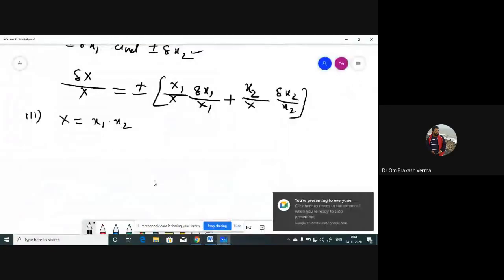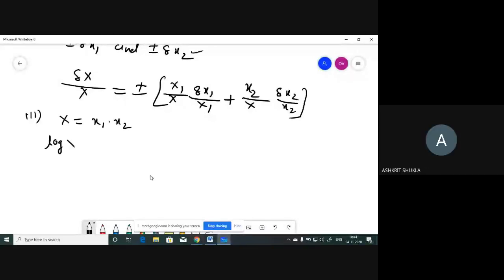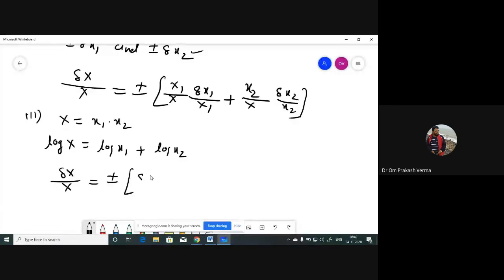इसको सॉल्व करेंगे ऐसे, take the log on both sides, then the addition will come, the second term, then differentiate. Very good. So if you find it like this, again you find the maximum error as delta x1 upon x1 plus delta x2 by x2, right? In the same way, you can do the fourth quantity, the quotient.